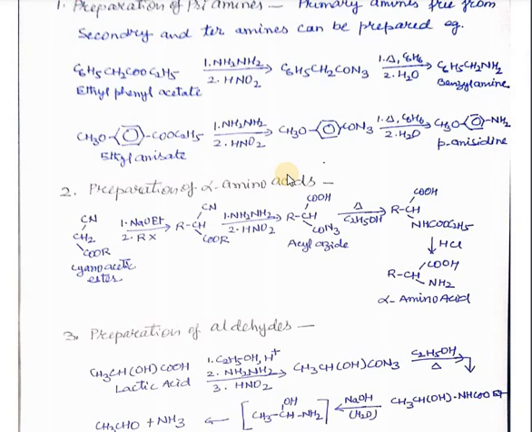Now the second application of this reaction is preparation of alpha amino acids. Alpha amino acids are very important, and these are prepared through this rearrangement. So this is cyanoacetic ester, and this is treated with sodium ethoxide and alkyl halide to give this alkyl derivative.